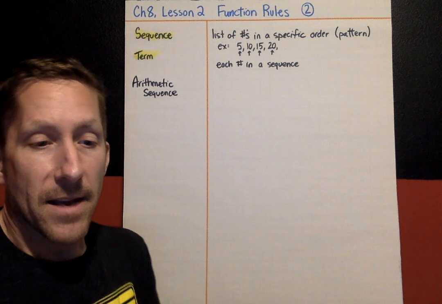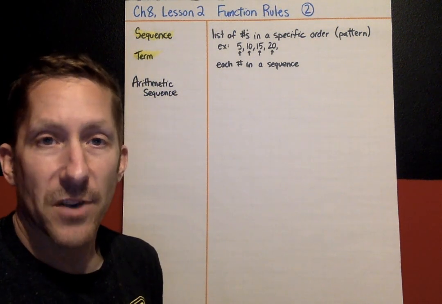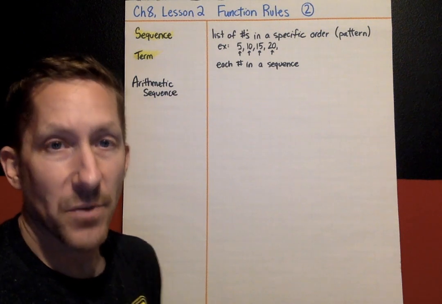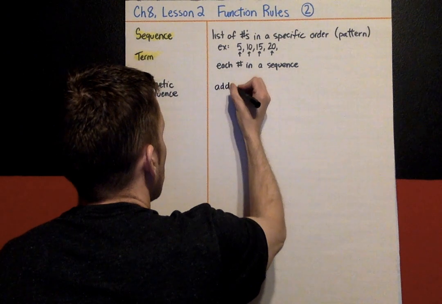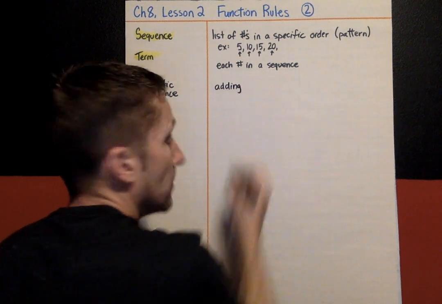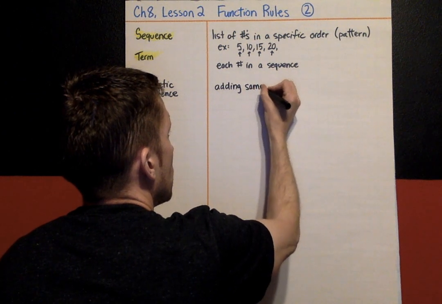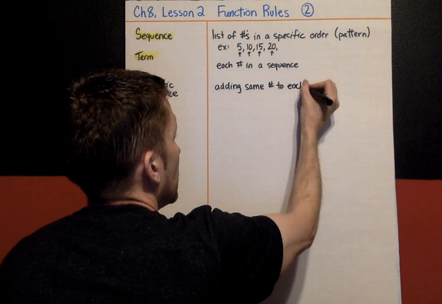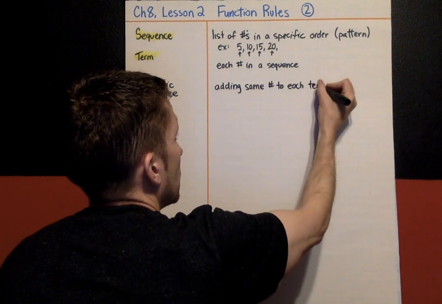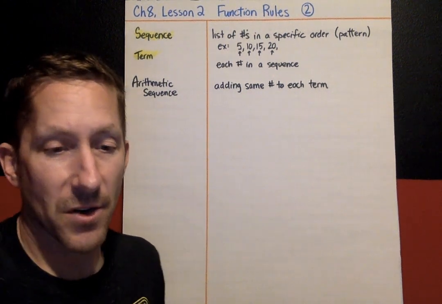In an arithmetic sequence, what you're doing is you're adding the same number to each term. Adding the same number to each term.